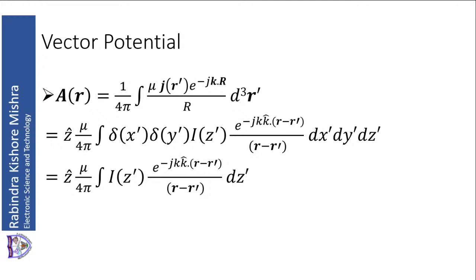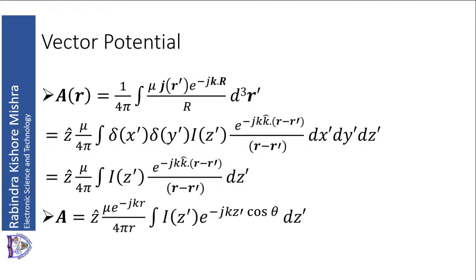Now that gives us the expression for A. So A is equal to z cap mu exponential minus j k r divided by 4 pi r, into the integration of I(z dash) exponential j k z dash cos theta dz dash.